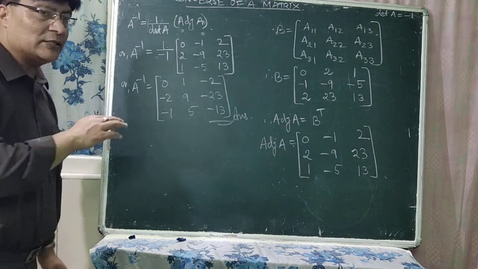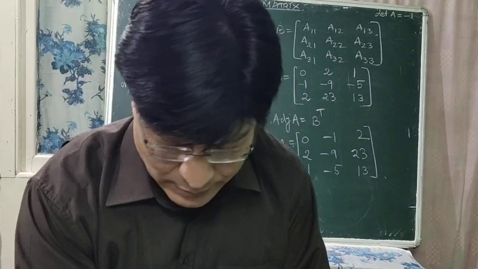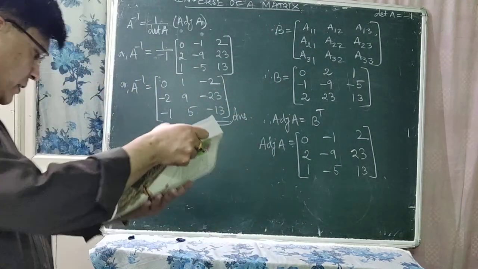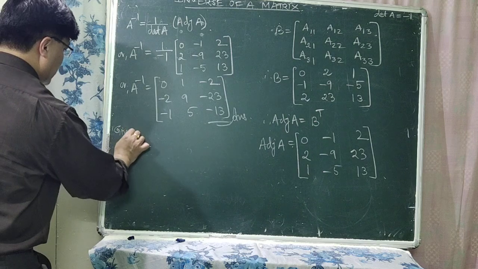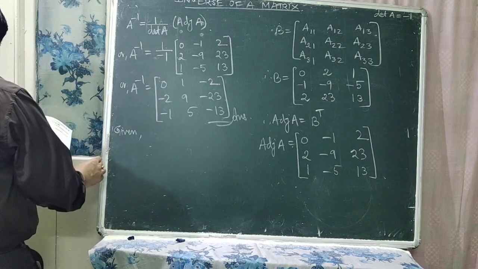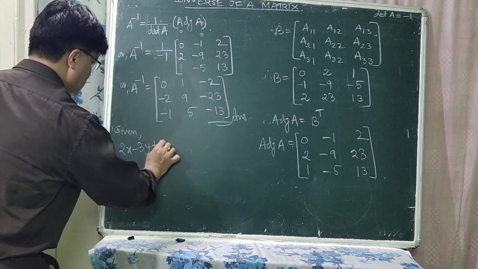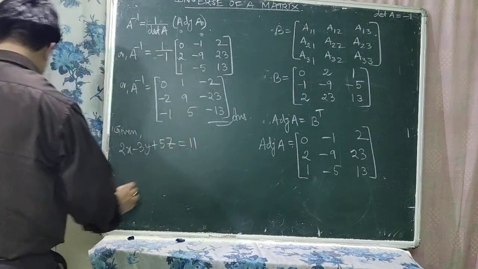And so now hence you have to solve the given system of equations, isn't it? So what is the given system of equations here? It was 2x minus 3y plus 5z equals 11.